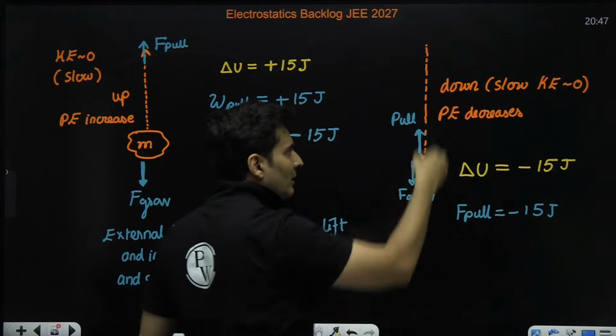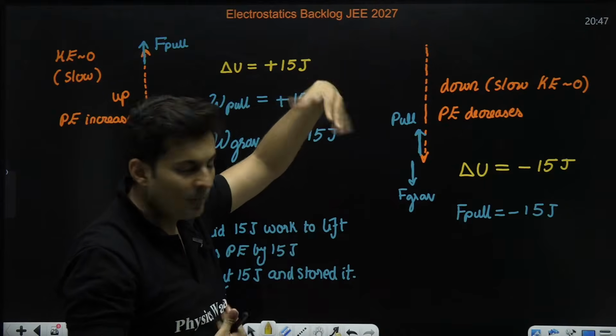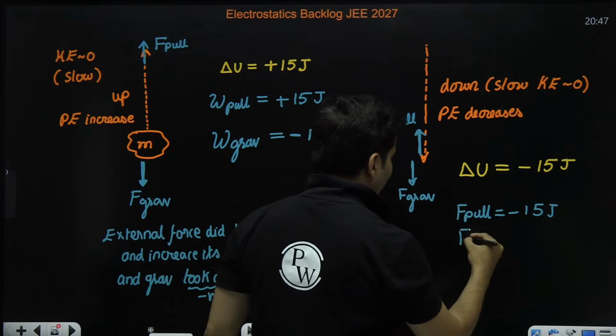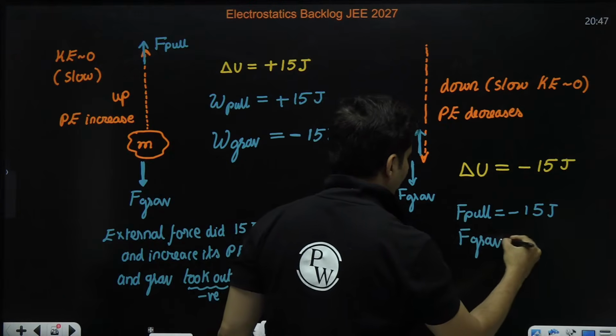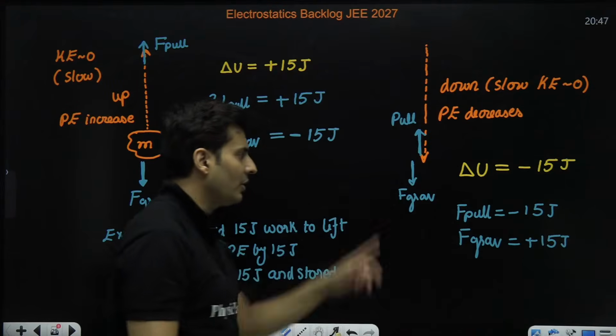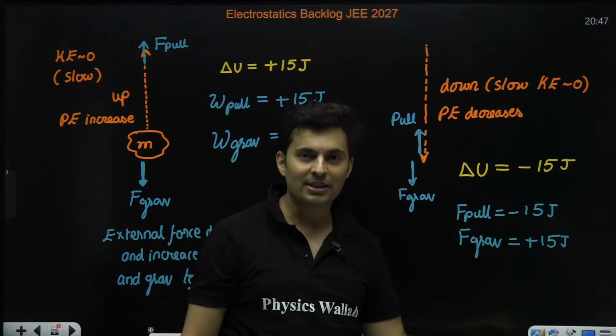Why? Displacement is down, force is up. When force and displacement are opposite, the work done is negative. And lastly, the work done by gravitational force is going to be plus 15 joules because force and displacement are in the same direction. These numbers will still match.